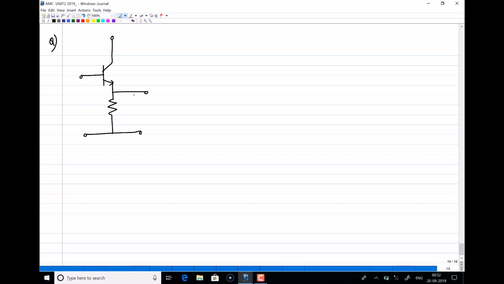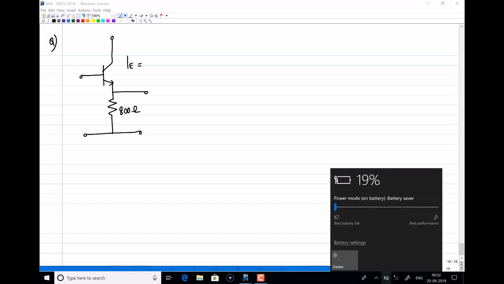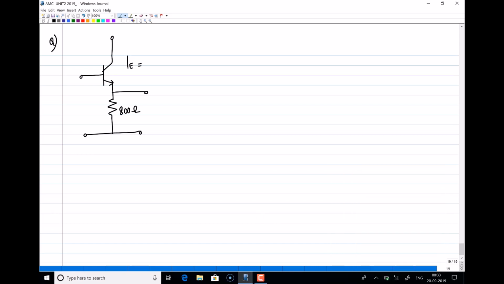So this is only a part of a circuit. Given that this resistance is 800 ohms, also given that emitter current is 0.18 milliamps and beta equal to 49.